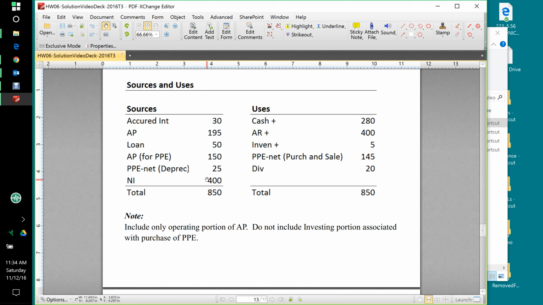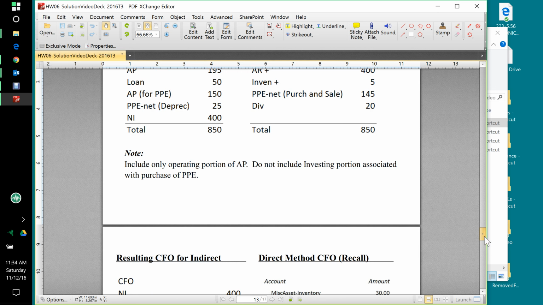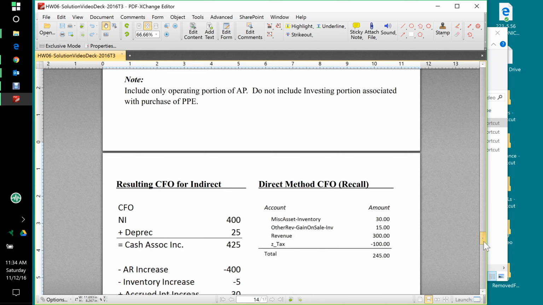Net income is already there. It's the first line of our indirect cash flow statement. Not worrying about cash because that's on the left-hand side of our equal sign in this method. And let's see here. So we do have the increase in AR. That's going to be a use, and our increase in inventory, and clearly not our dividend.